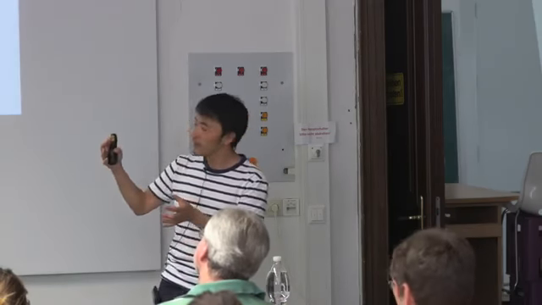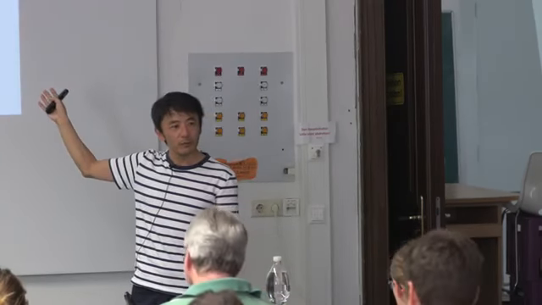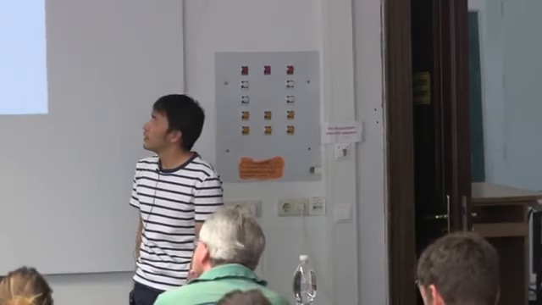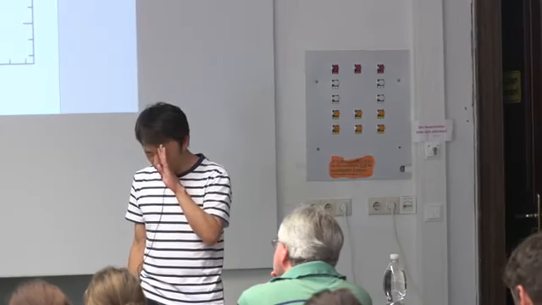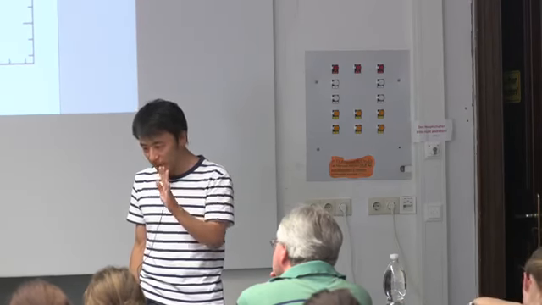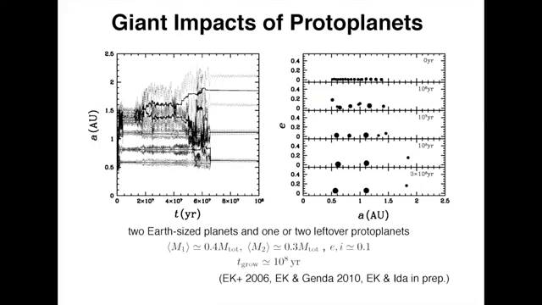Otherwise, the system is unstable, right? So that's partially a reason for the coplanarity and the near-circular orbits of the terrestrial planets in the solar system. These are similar simulations, but different runs from the animations we have just seen.